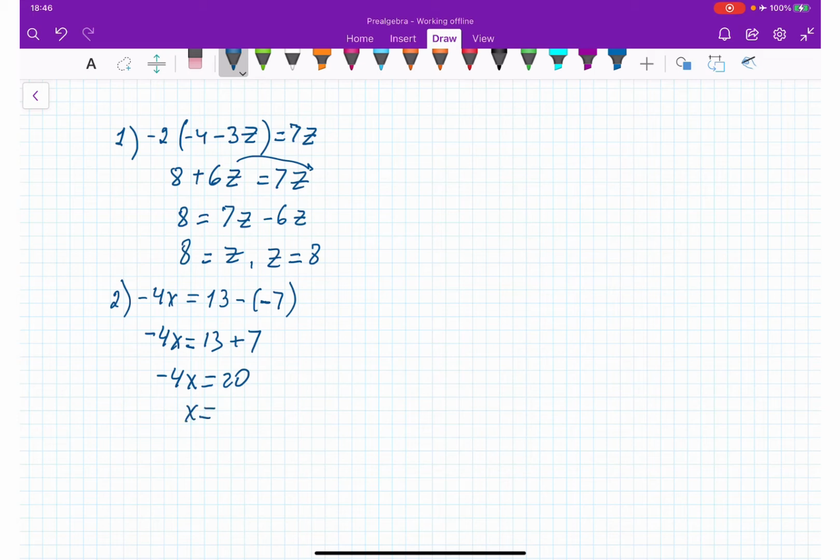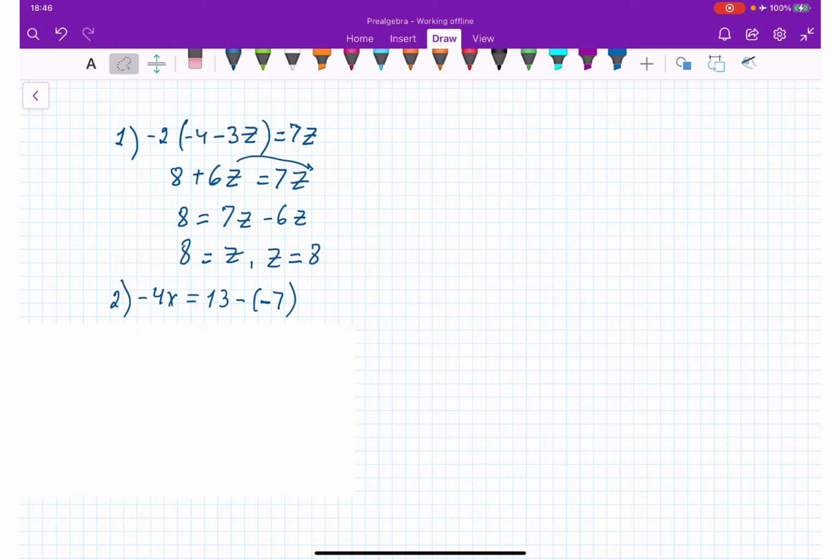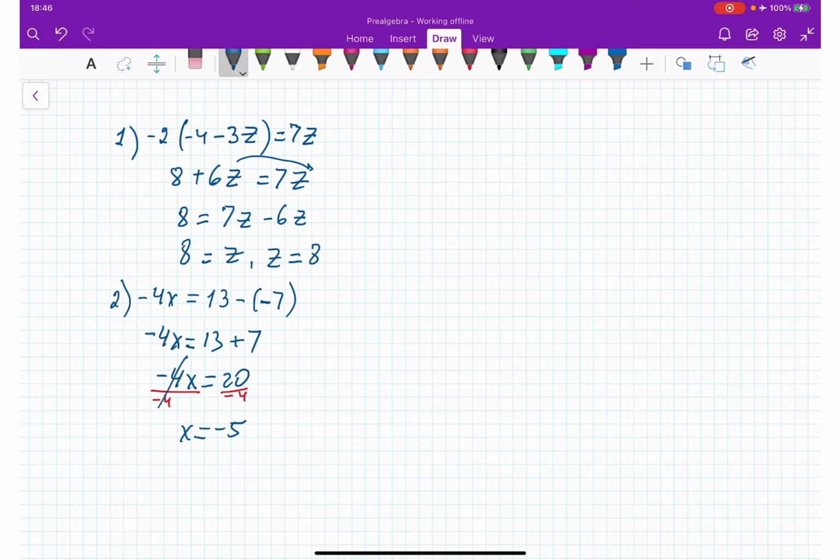X is equal to negative 5 because we divide by negative 4, divide by negative 4. And we are getting negative 5. This negative 4 is cancelling each other. This 4 cancelled with this 20 is 5, so negative 5.